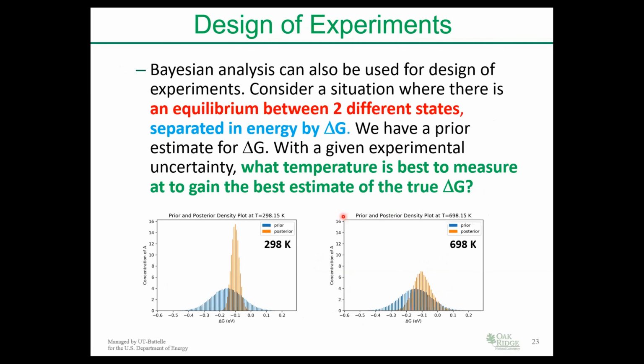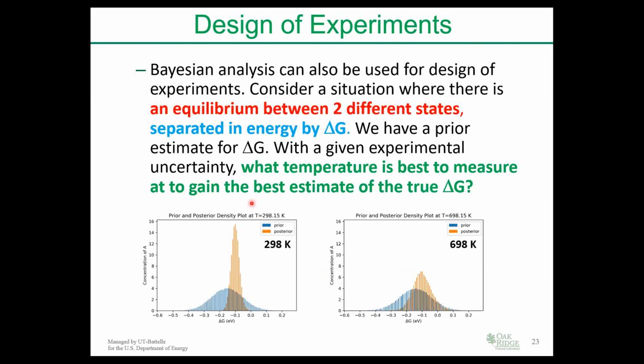I'm not going to spend too much time on this slide, but the key point here is that if you have a particular set of parameters you're interested in, such as a difference in energetics between two states or an activation energy, etc., with Bayesian parameter estimation and design of experiments, you can actually assess what conditions are best to perform your experiment to get the most information.